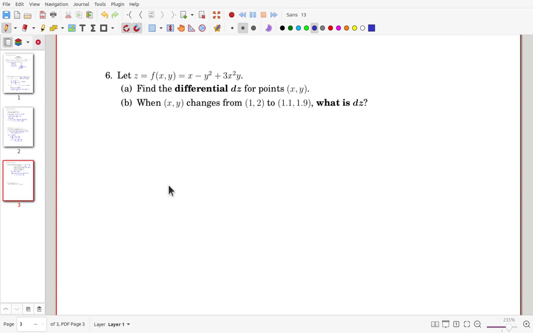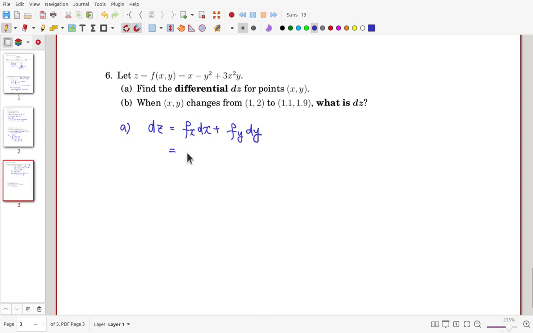z is f of x, y, given in this form. Find the differential dz for points x, y. Now dz, the total differential, is the same as f sub x dx plus f sub y dy. What is f sub x?